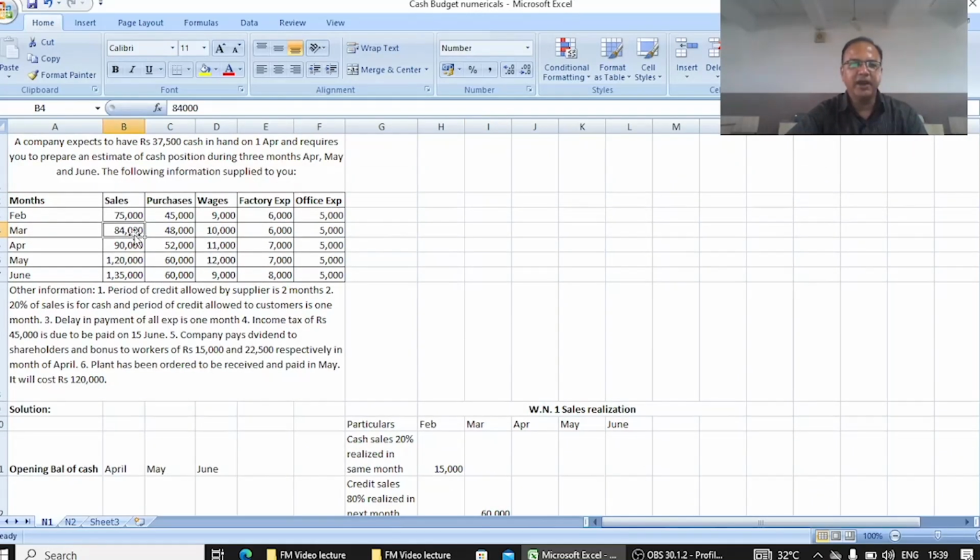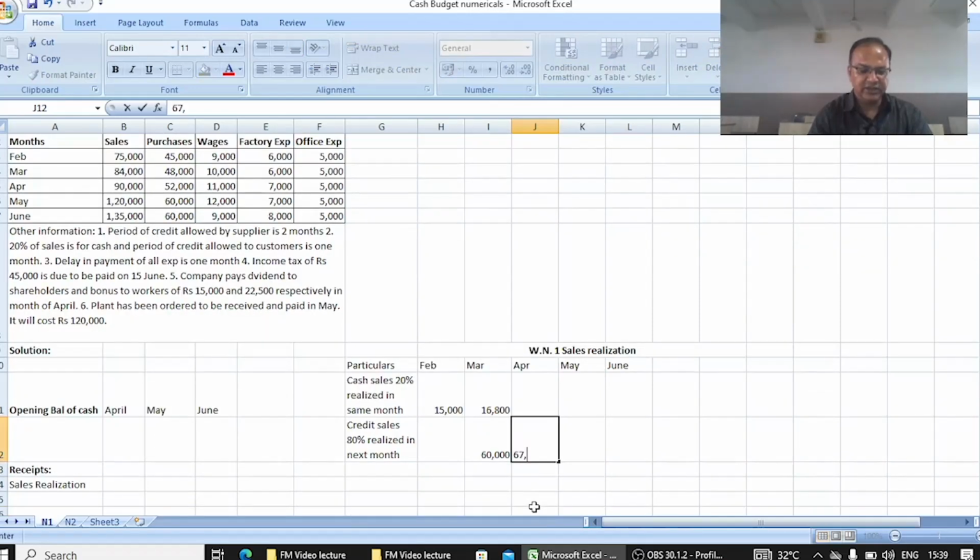Now, in March, the sale is 84,000 rupees. 20% of 84,000 means 16,800 rupees you will recover in March, and 67,200 rupees, which is 80% of 84,000, will be recovered in April.